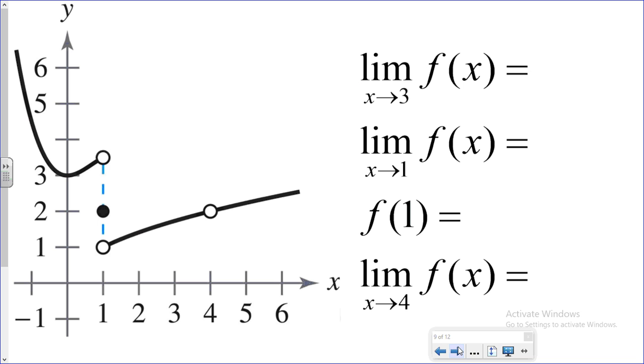Okay. So as x approaches 3, it's okay that there's not a hole. Which one doesn't exist? You don't have to approach it.